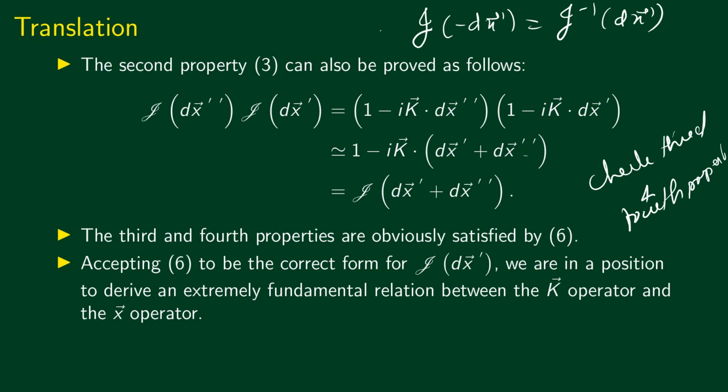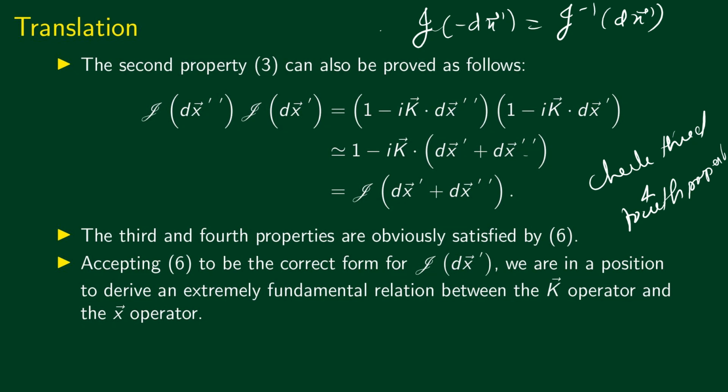How do you do that? You take j of minus dx vector prime based on this definition, and show that j of dx vector prime multiplied by j of minus dx vector prime gives you the identity operator. That's how you check this. Repeat: what we need to prove for the third property is that j of minus dx vector prime is actually equal to j inverse of dx vector prime.